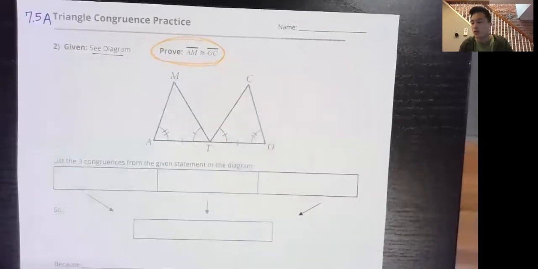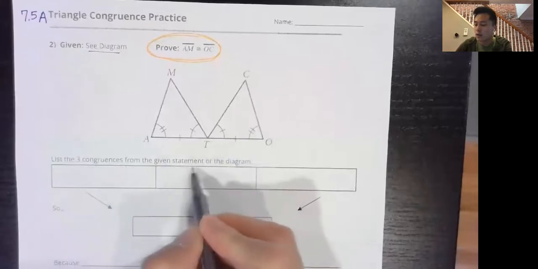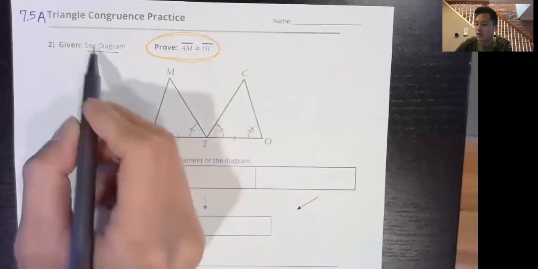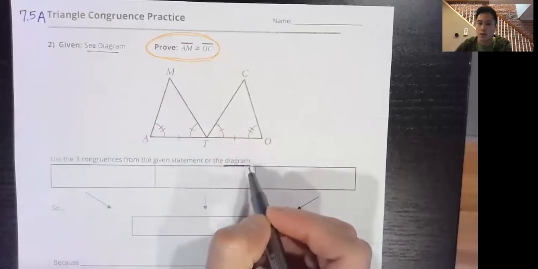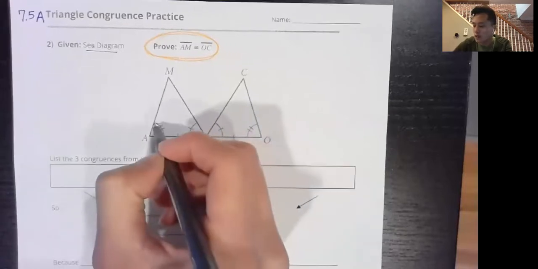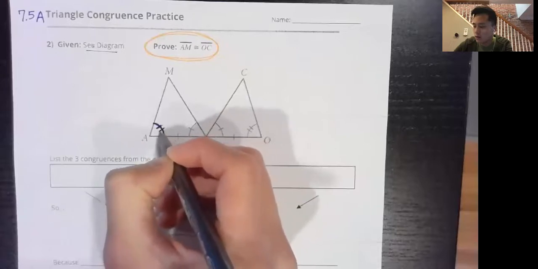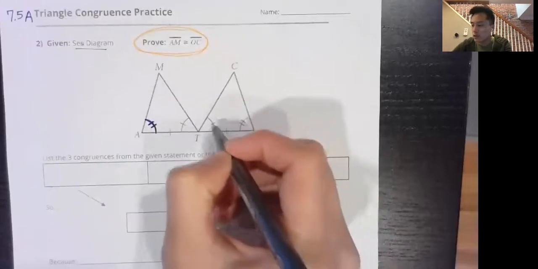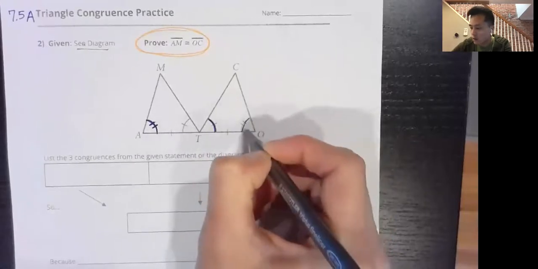First thing that we want to do is list 3 things that are congruent from the given statement or the diagram. In this case, we just have a diagram. First thing that I see is that this angle right here, which is angle A, is congruent to this angle in the second triangle.